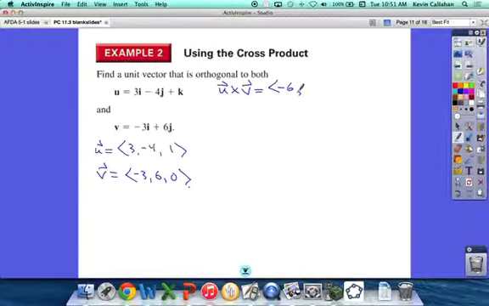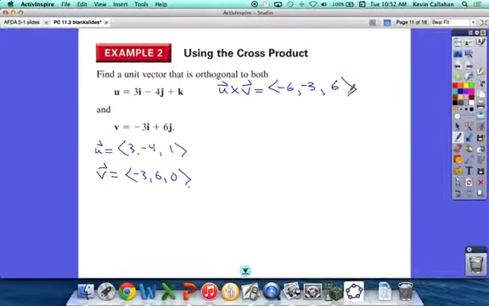That would be 0 minus -3, which is 3, but the middle component has a negative in front of it, so -3. And then the last, cover up the third: 3 times 6 minus -3 times -4. 18 minus 12 is 6.